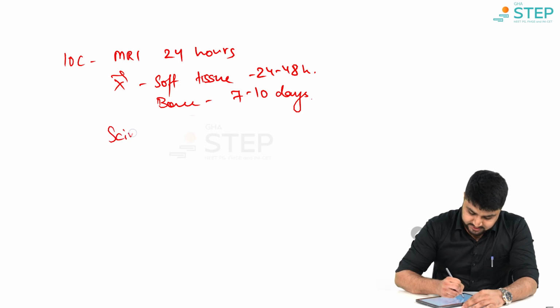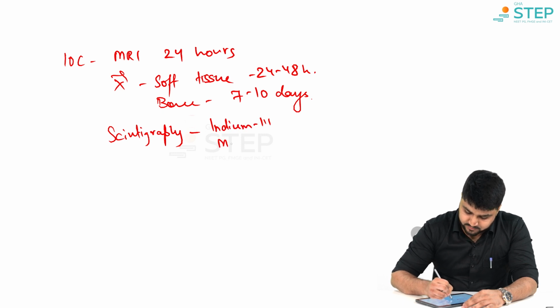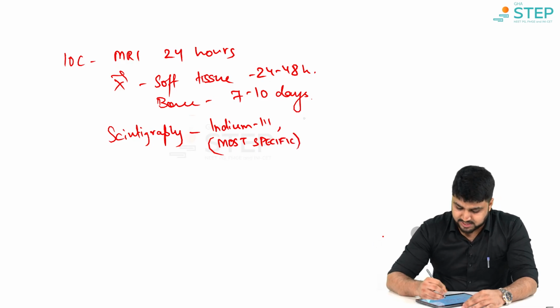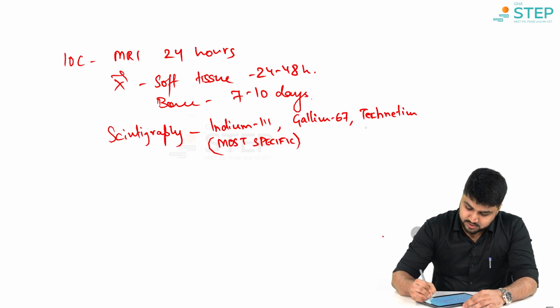Then you also have scintigraphy. So, amongst the scintigraphies, indium 111 is the most specific. You have other modalities as well, like gallium 67 scans and technetium 99 methylene diphosphonate.